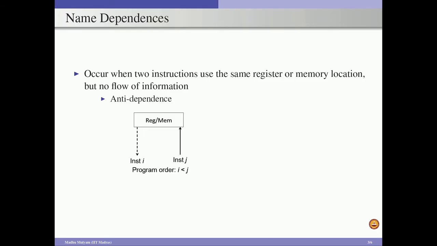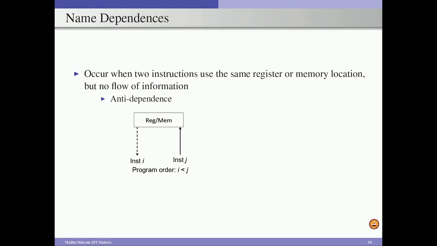So, here in this case, instruction I is reading a value from a register or a memory location, and instruction J is writing a value or data to a register or memory.